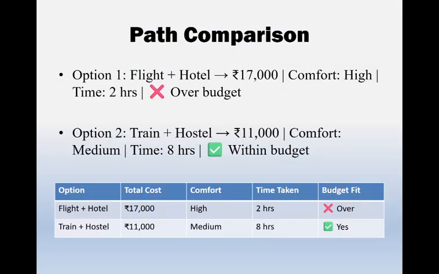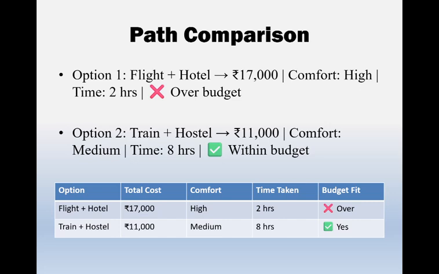Now, we are going to compare the two paths, which is option 1, flight plus hotel, is over the budget, whereas train plus hostel is within the budget. The comfort is high in option 1, but the budget is over the estimated one.